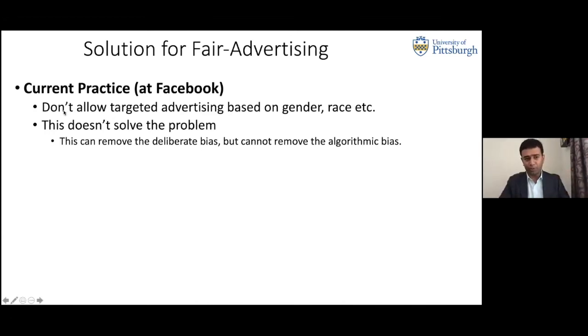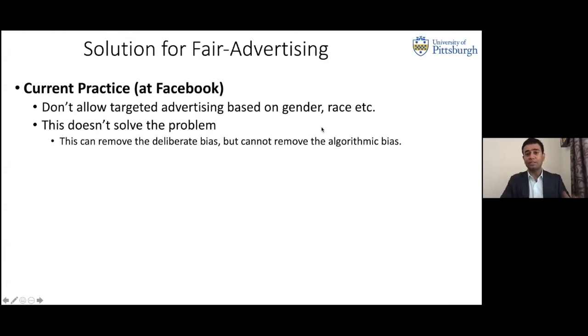Facebook currently doesn't allow you to target on the basis of gender, race, and other demographics. So on Facebook, you cannot choose to show your ad only to females or males if you are an employment-related ad, or if you are showing some education-related or housing-related ads and so on. So this is something Facebook is doing.